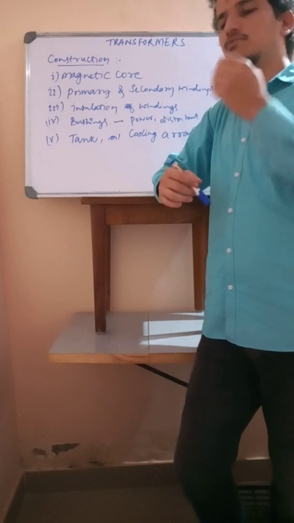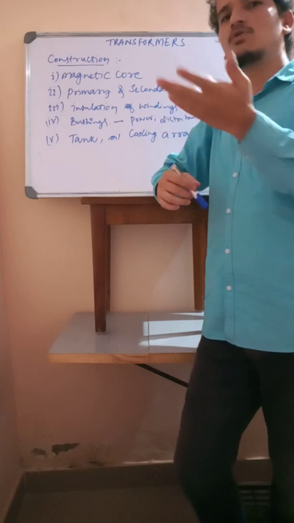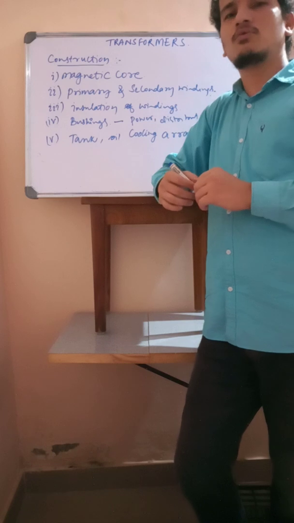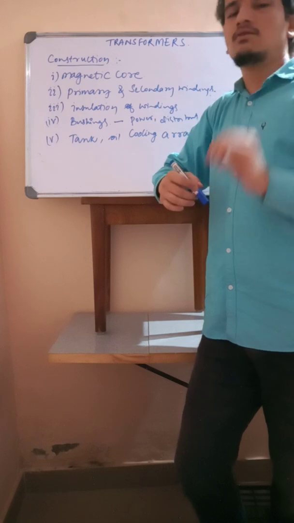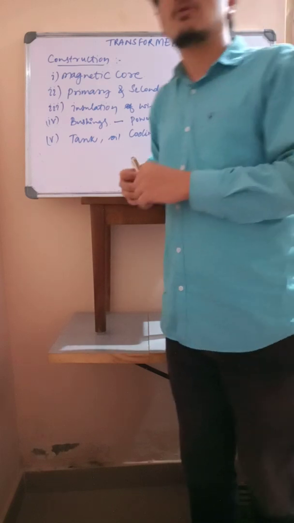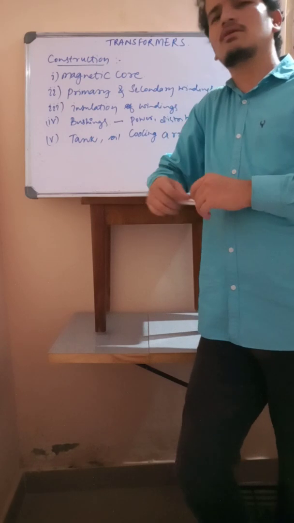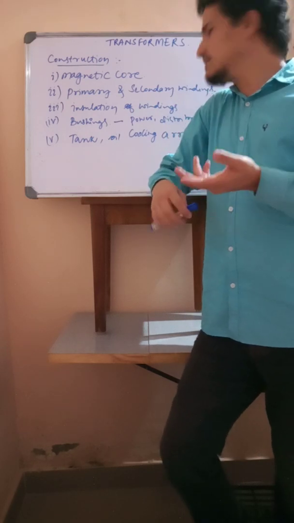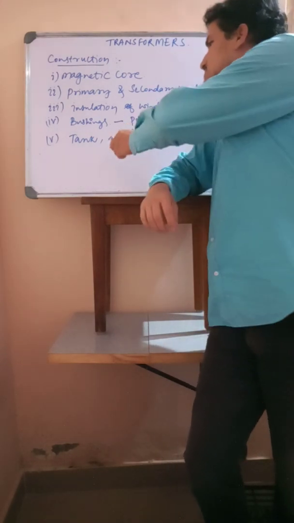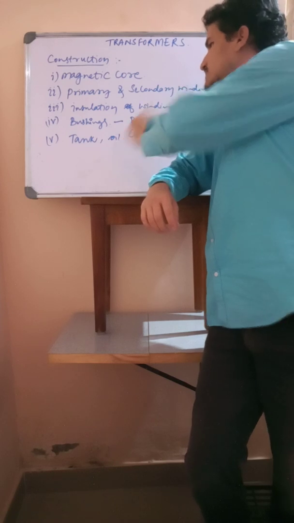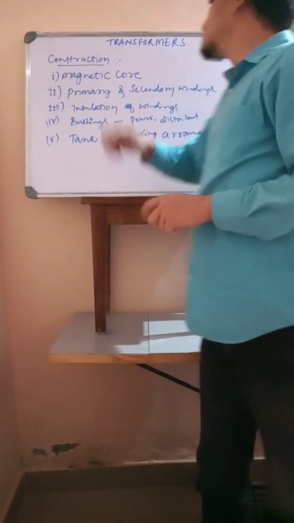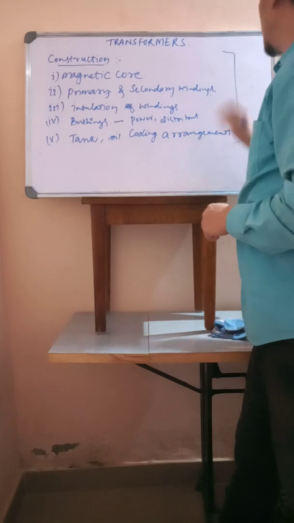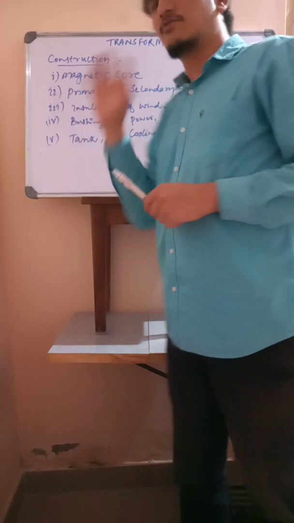Very small transformers, like a 230 volt to 24 volt single phase transformer, have no need of oil, so not much cooling or insulating medium is needed. For heavy transformers we need oil. These are the different parts of the transformer.